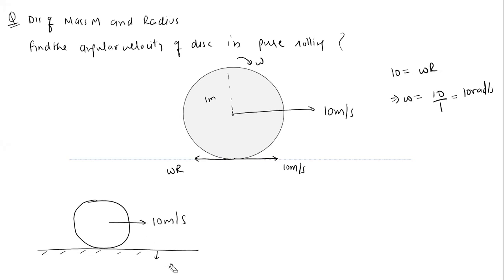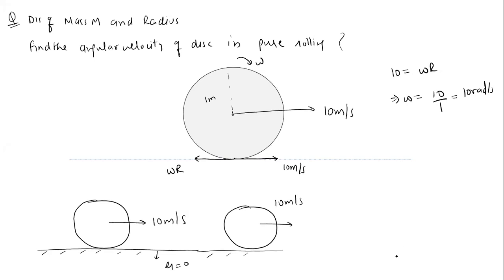Friction is zero, mu equal to zero. Will the body roll on the surface? No, it won't roll. It will have pure translational motion. After some time you will see that the body will be moving with the same velocity, 10 meter per second. If there is no friction, it will have pure translational motion.